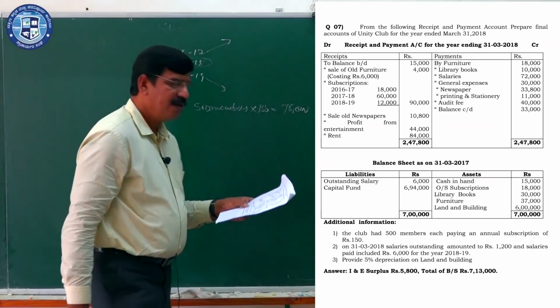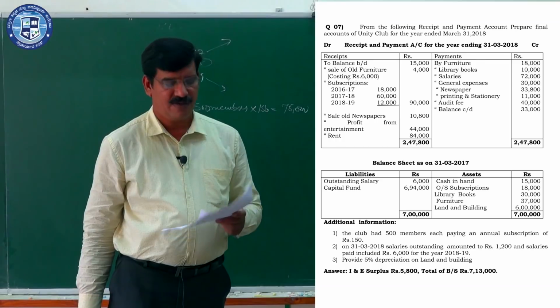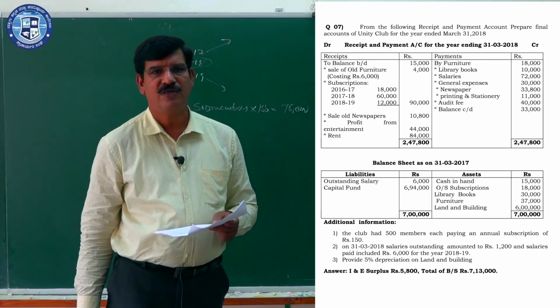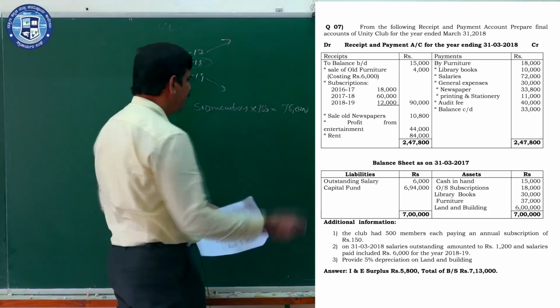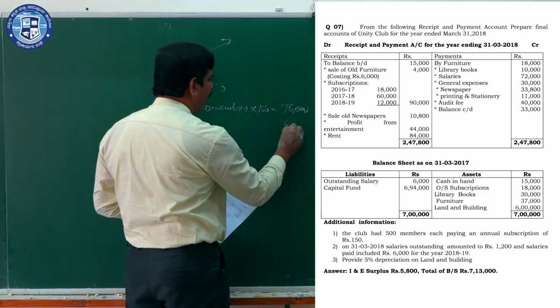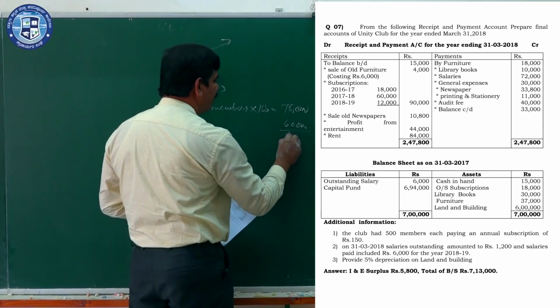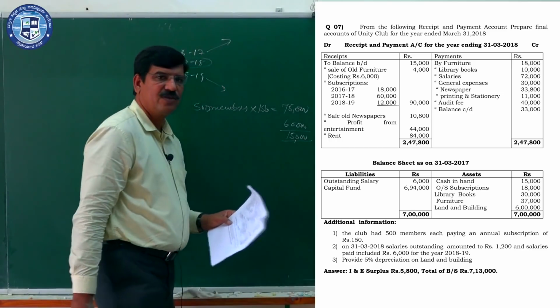Now look at the receipts and payments account, subscription column, subscription 2017-18, 60,000 is received. So 75,000 is to be received, 60,000 subscription received, so 15,000 is the subscription which is not received.